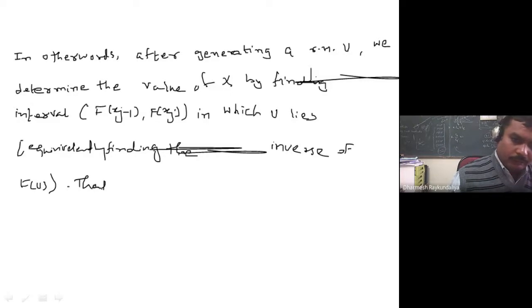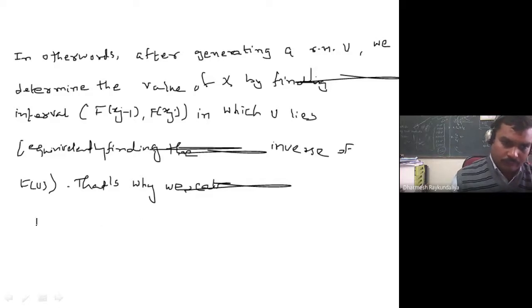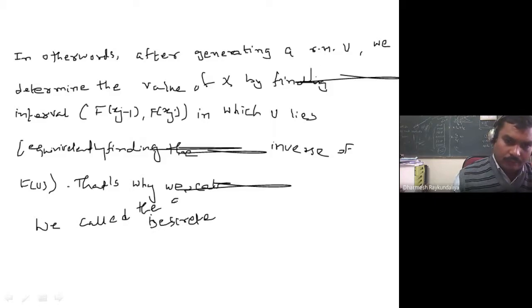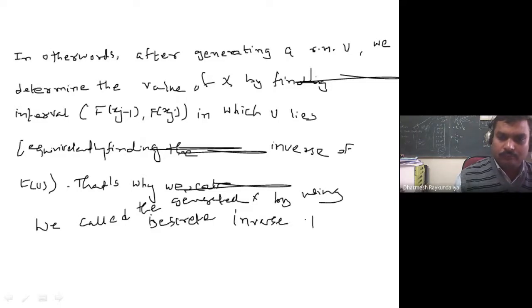That's why we call the generated x as generated by using the discrete inverse transformation method.